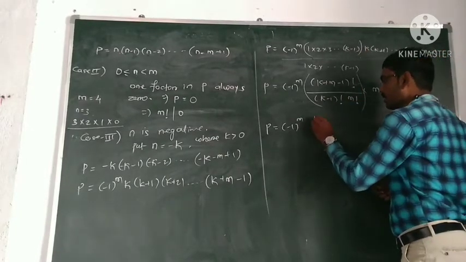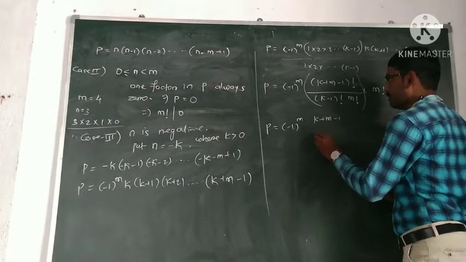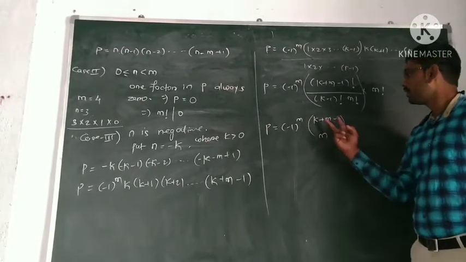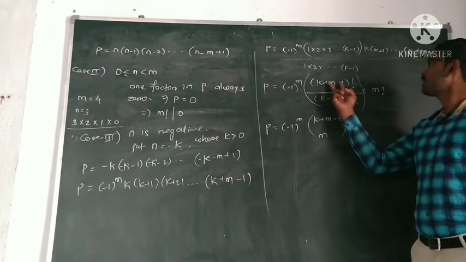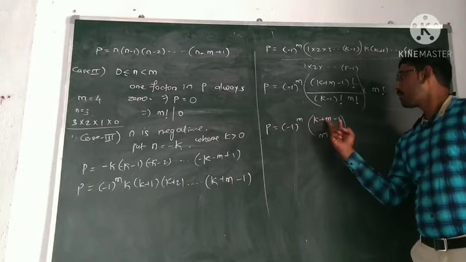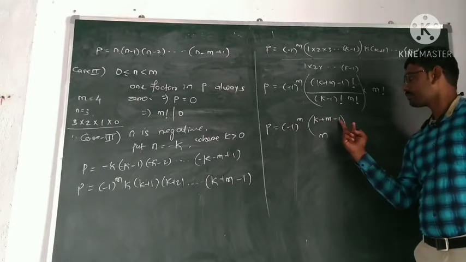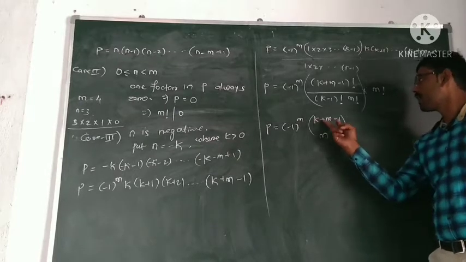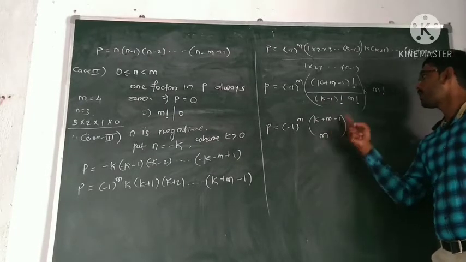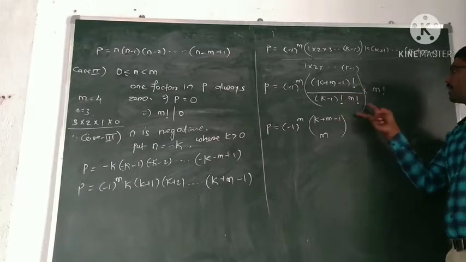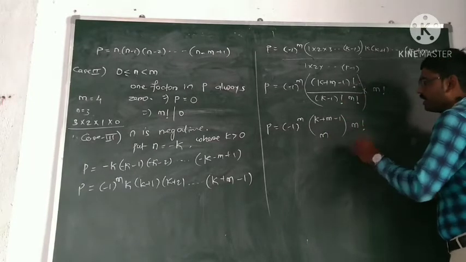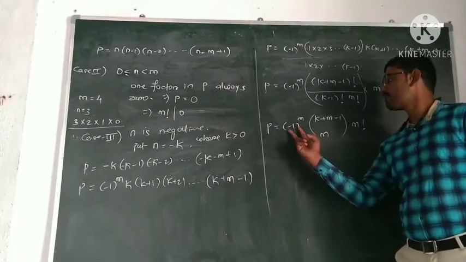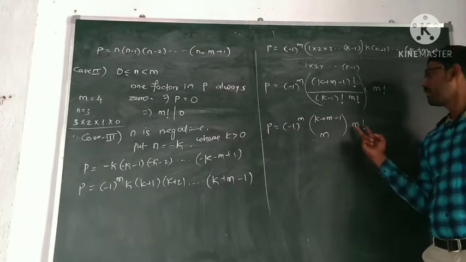This is equal to k plus m minus 1 choose m. Why? Because this formula is the factorial of this term upon factorial of k plus m minus 1 minus m, so m and m get cancelled, and only k minus 1 factorial and factorial of m remain. So this term is equal to this into m factorial. Again, this term is an integer. So p is equal to minus 1 raised to power m into some integer into m factorial.